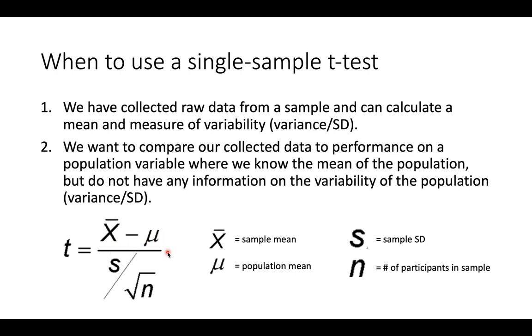The denominator is slightly more complicated. The denominator is our sample standard deviation, that S from over here, divided by the square root of our sample size. So we want to keep in mind order of operations when doing these calculations. We do this square root first.